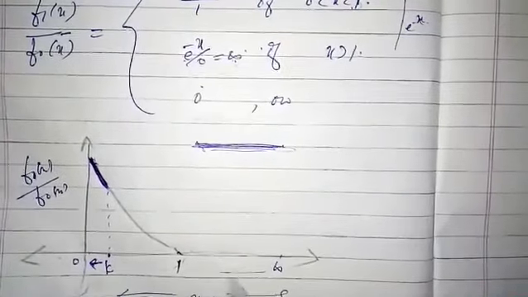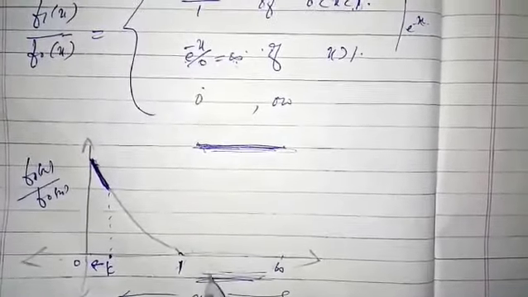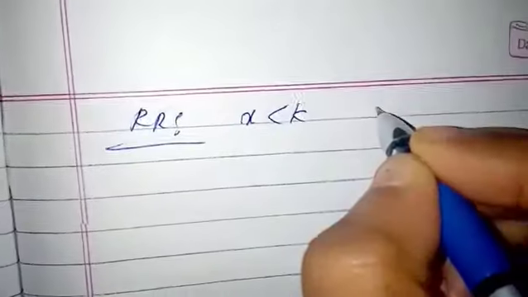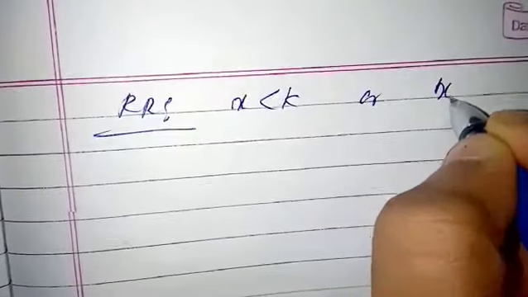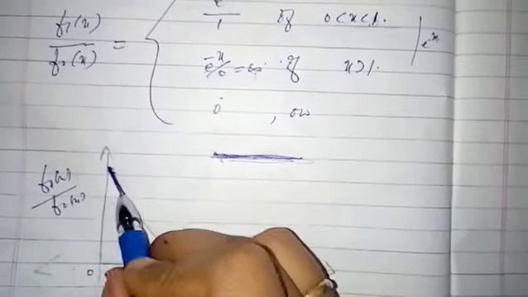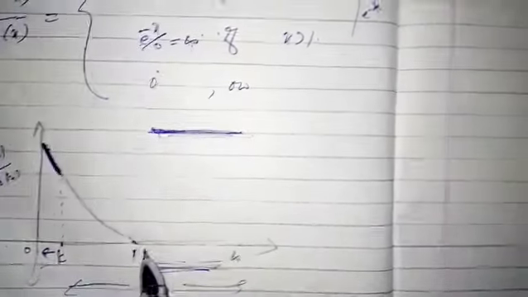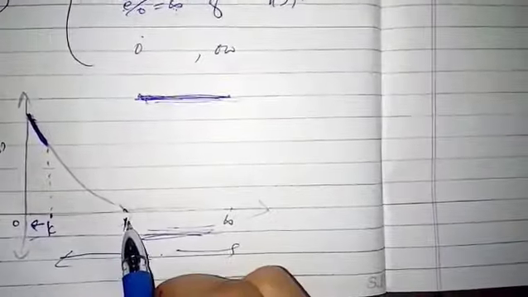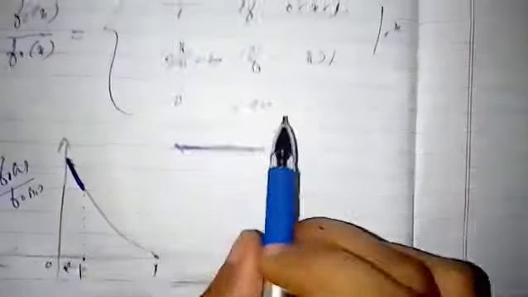The rejection region is x less than k or x greater than 1.